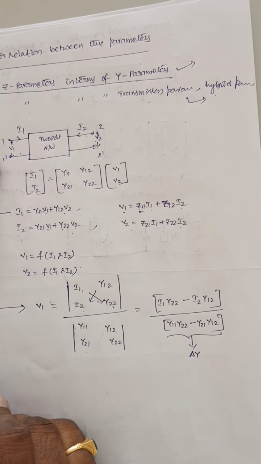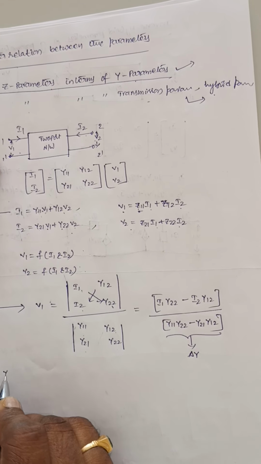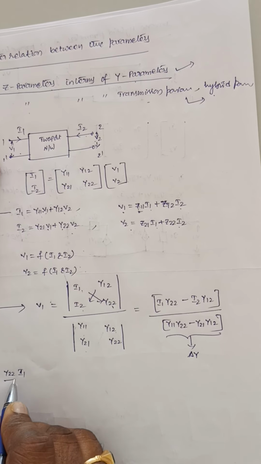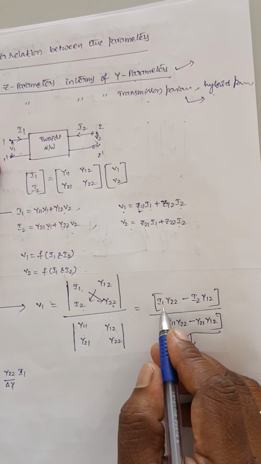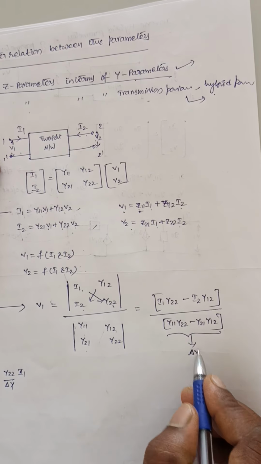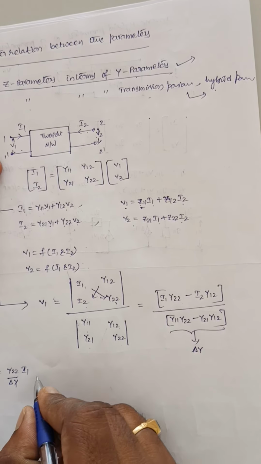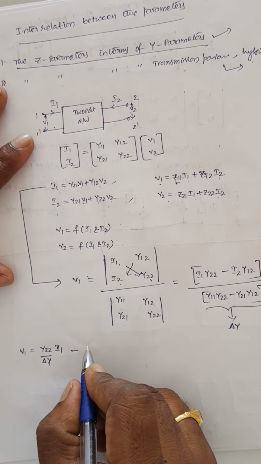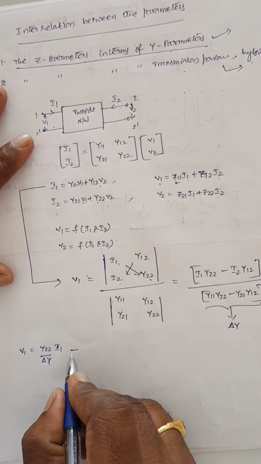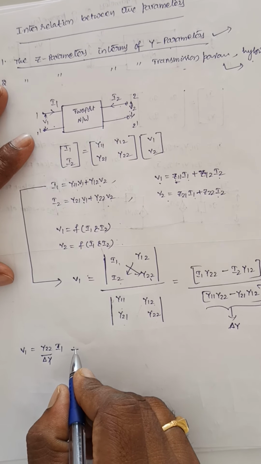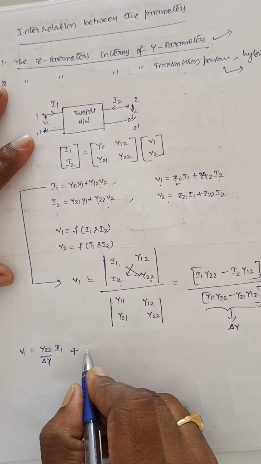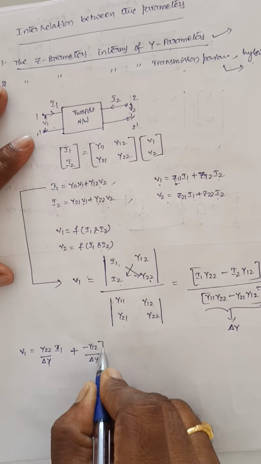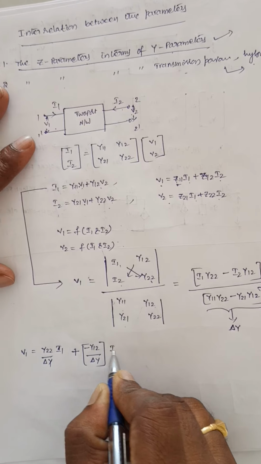So now V1 is equal to Y22 divided by delta Y into I1 minus Y12 divided by delta Y into I2.